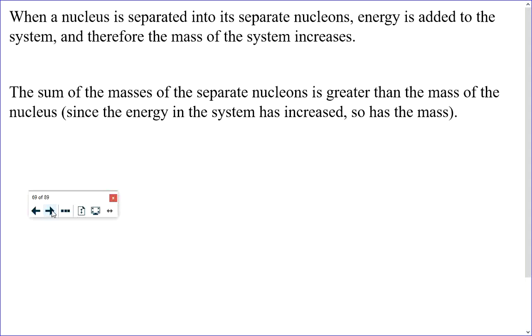What does that mean? It means that if I have a nucleus that has 2 protons and 2 neutrons, and I determine the mass of this thing, and then, not perfectly, you get the idea, I do this, and I measure the mass of this and this and this and this, and I add those numbers together, I get a bigger number than the mass that it had before I separated it.